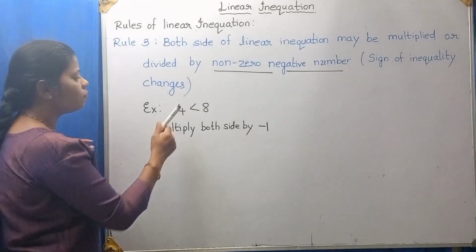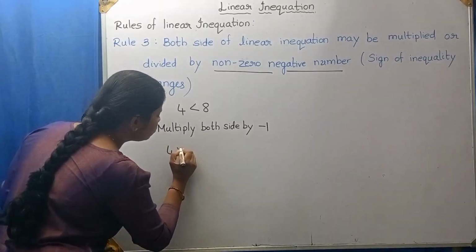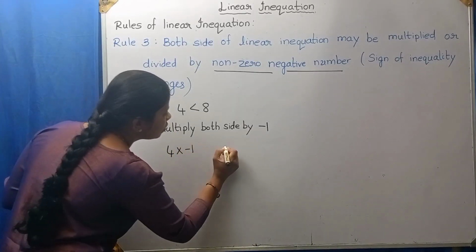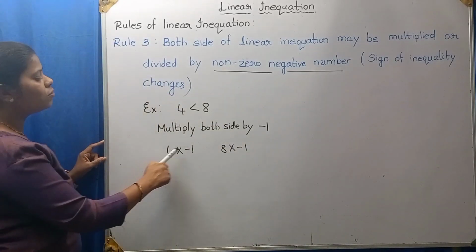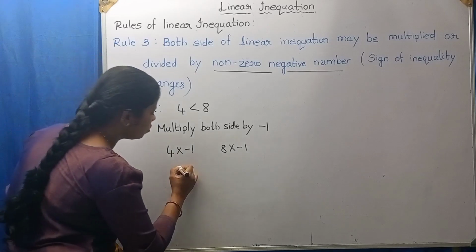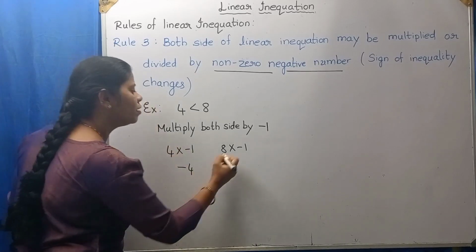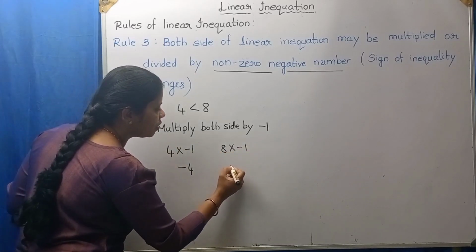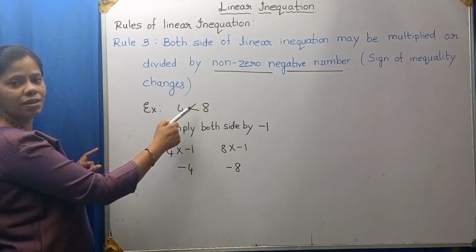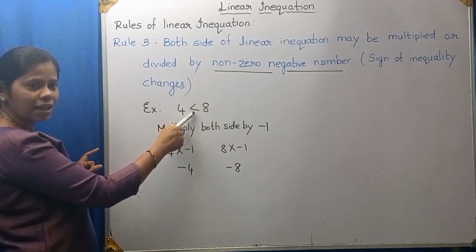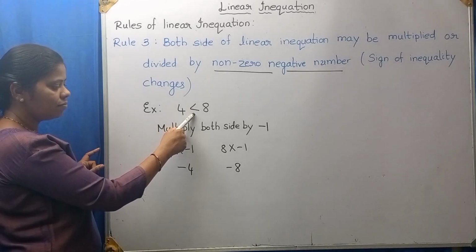It is a non-zero negative number. Okay. Then what will it become? 4 into -1 is -4. 8 into -1 is -8. See here, the inequality sign is like this, isn't it?